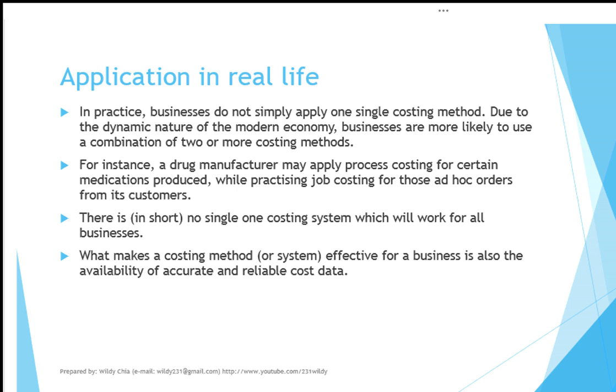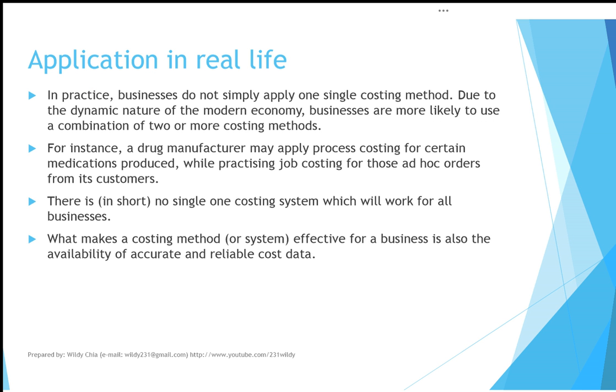Application in real life: businesses may not just apply one single costing system. In modern times, businesses are more likely to use a combination of different costing methods. A drug manufacturer may practice job costing for certain special ad hoc orders, and yet they may apply process costing for generic drugs, for example.